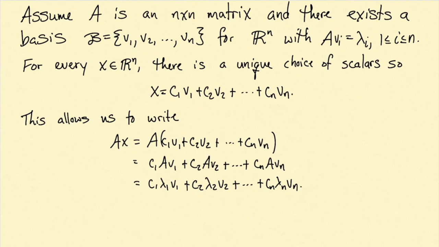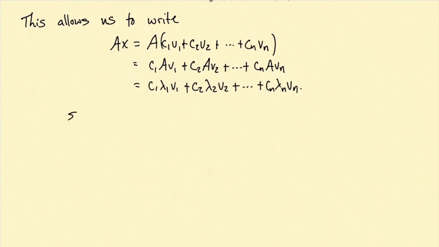Since everything in sight is a linear combination of the basis elements, we can make this expression much more pleasing by changing from the standard basis with basis vectors e1, e2 down to en to our new basis B. That is, we can write Ax in coordinates corresponding to our new basis as the vector c1 lambda 1, c2 lambda 2 down to cn lambda n.